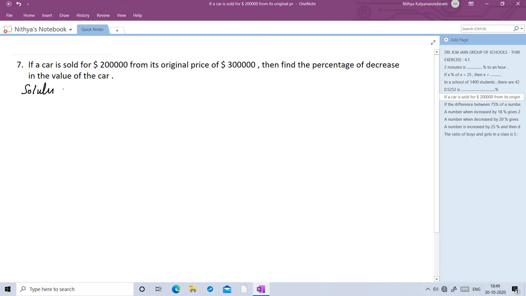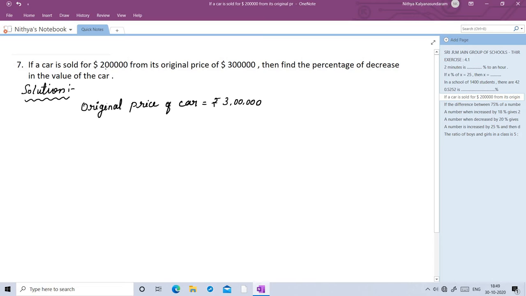So first, whatever is given, you will write. The original price of car is equal to rupees 3 lakh. Then that selling price is given.